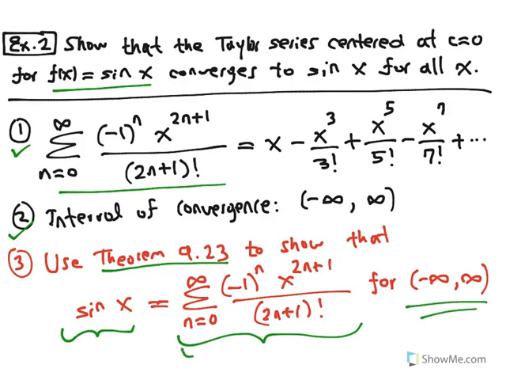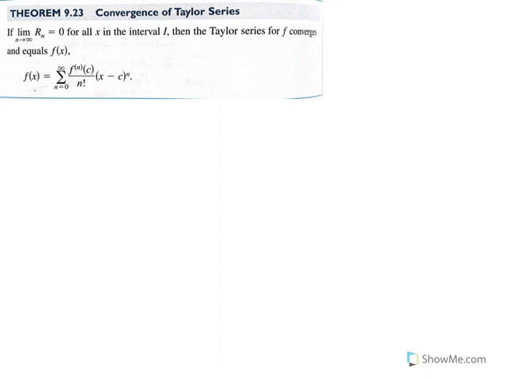In other words, that this power series will be an exact representation of the function sine x for all real numbers. And to do that, we're going to use Theorem 9.23. So what we have to do is consider what happens to the remainder from Taylor's theorem as n goes to infinity.